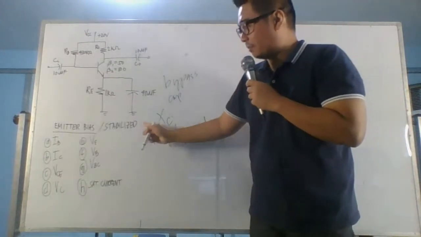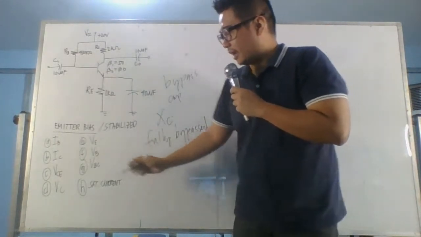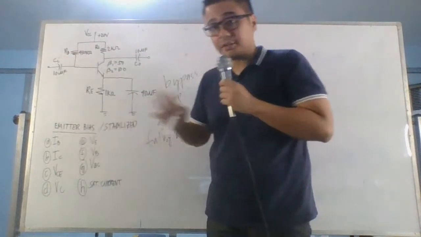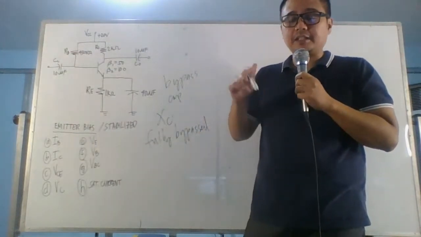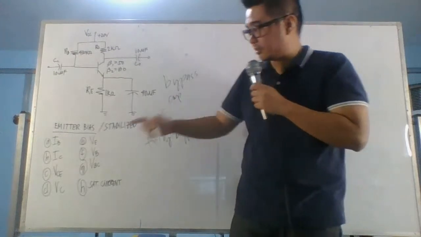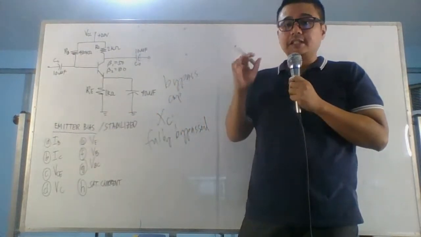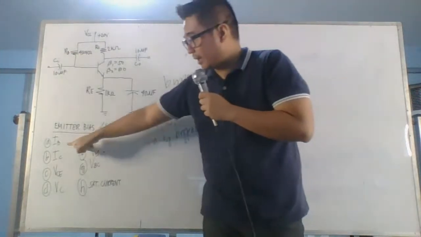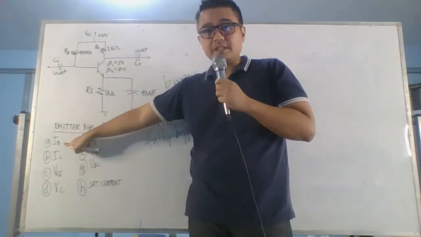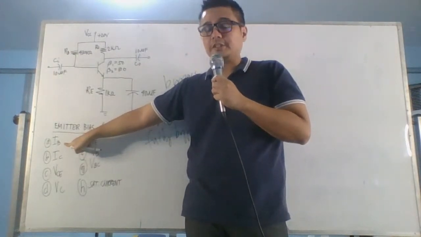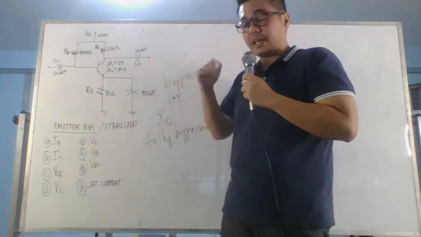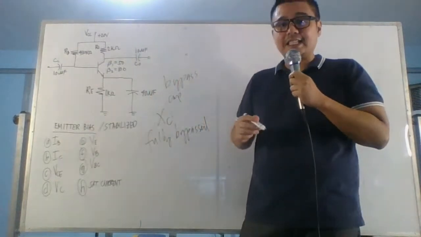Okay, ito yung mga pinapahanap sa atin. We have letter A, I sub B. Take note, capital to lahat kasi pagdating natin sa AC, small caps na yung subscript natin. Huwag kayong malilito dun sa capital at sa small caps. No? Kapag capital ng subscript, it means DC ang value nito. Kapag ito ay small caps, ang value nito ay AC.